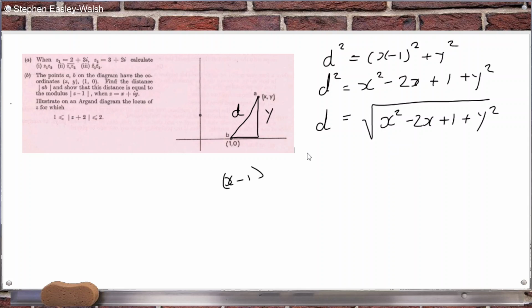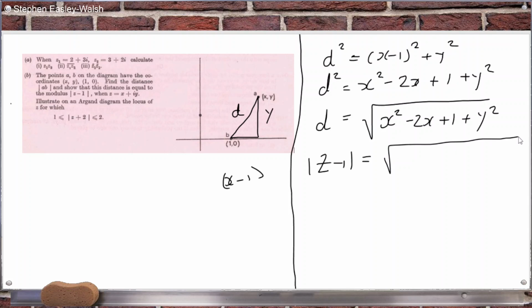Now, if we calculate the modulus of z minus 1, let's just get the z minus 1 part first.